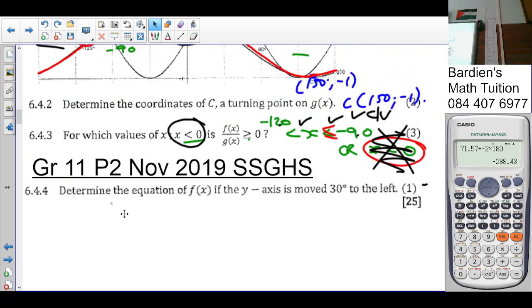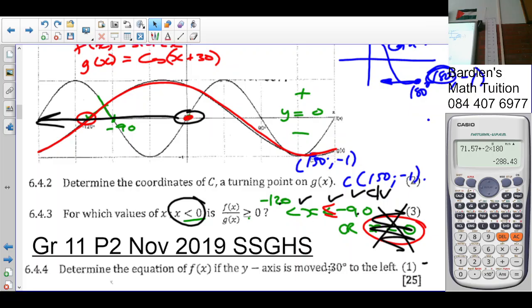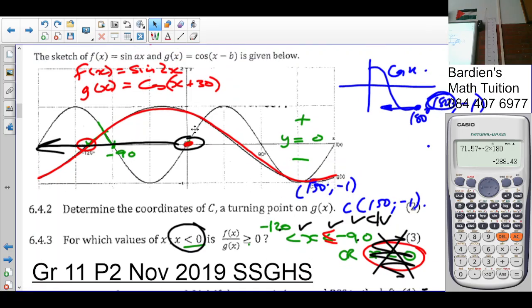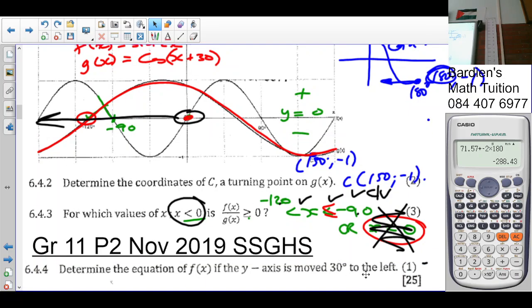The last question says determine the equation of f of x if the y-axis is moved 30 degrees to the left. If the y-axis moves 30 degrees to the left, it's the same as moving the graph 30 degrees to the right. So we must not move the axis, we move the graph.